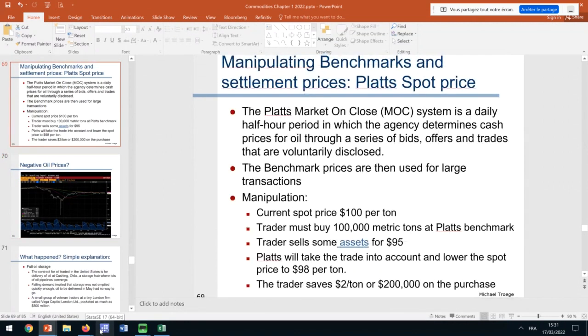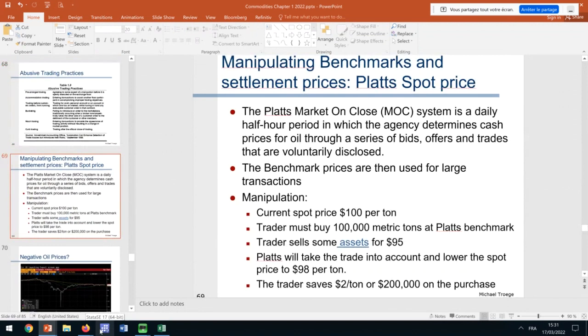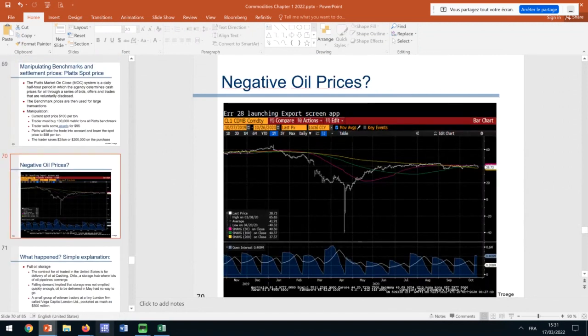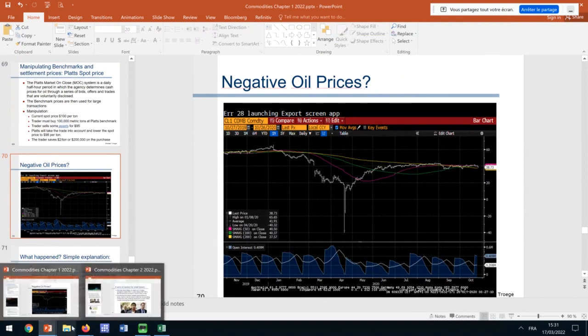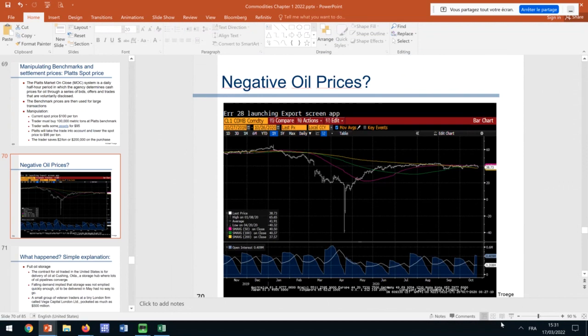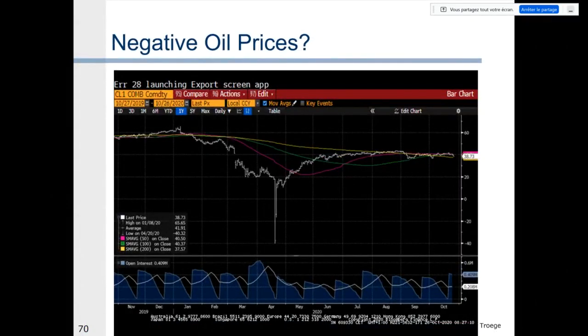So I have a couple more examples. Maybe one interesting example from 2020. It's 2 years ago. This was big in the press. At this time, for a short term, we had negative oil prices.